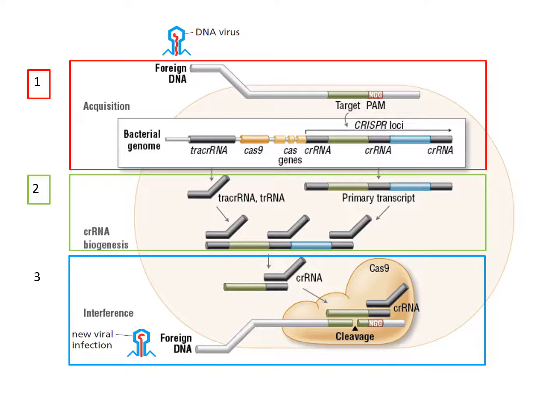And each individual segment, as you can see here, is going to represent a spacer RNA, that was the foreign DNA that was acquired, the repeat RNA, and the tracrRNA. It can be a little mysterious, the role of the tracrRNA.